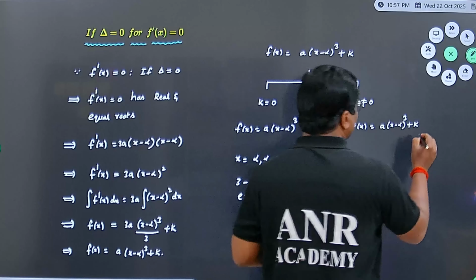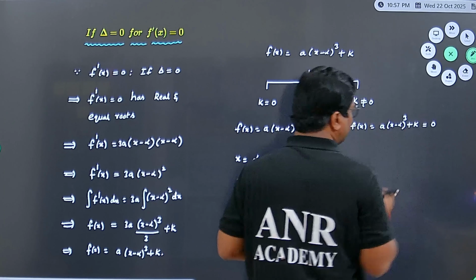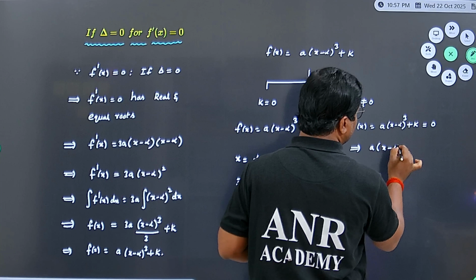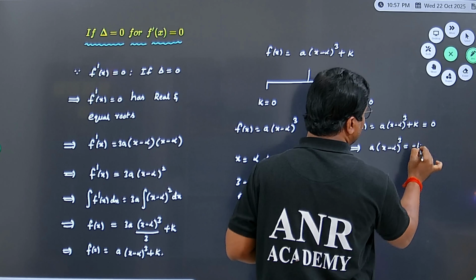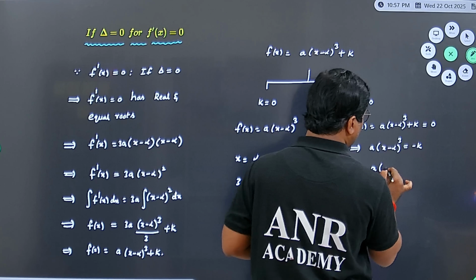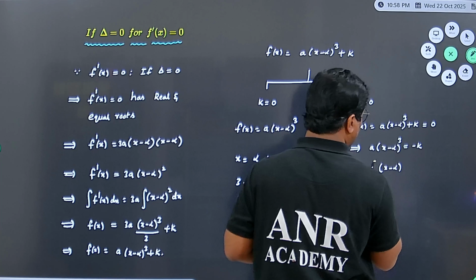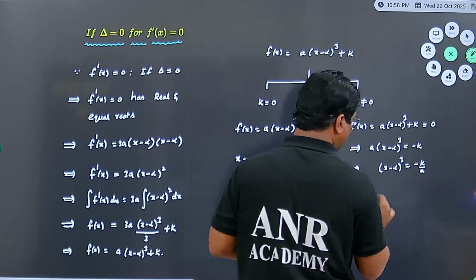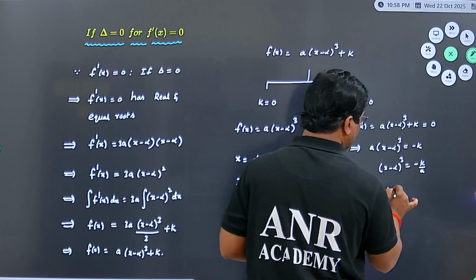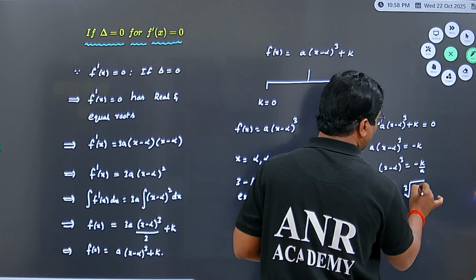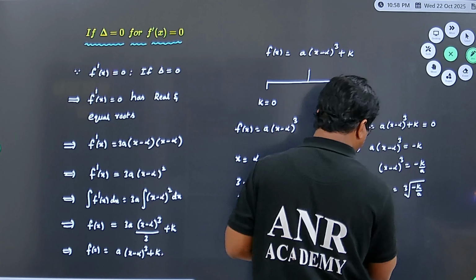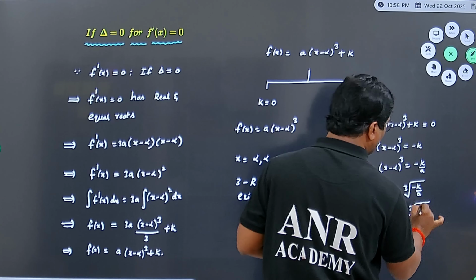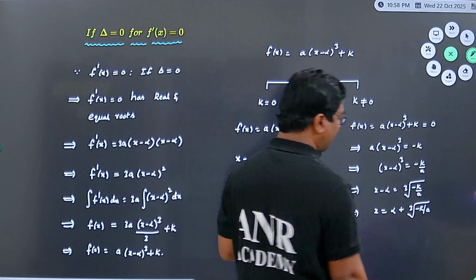To get roots, I am going to equate with 0, and from this you can write a of x minus alpha whole cube equal to minus k, so x minus alpha whole cube is minus k divided by a. You can write x minus alpha as cube root of minus k divided by a, which implies x becomes alpha plus cube root of minus k divided by a.